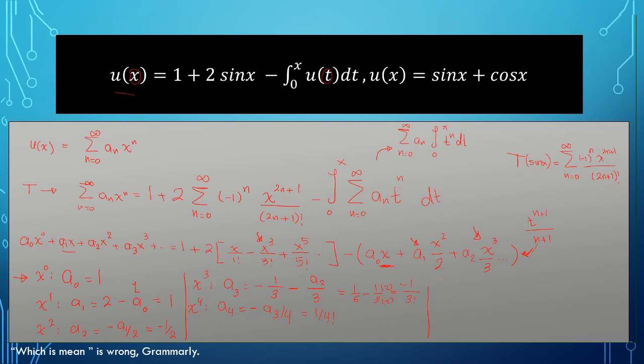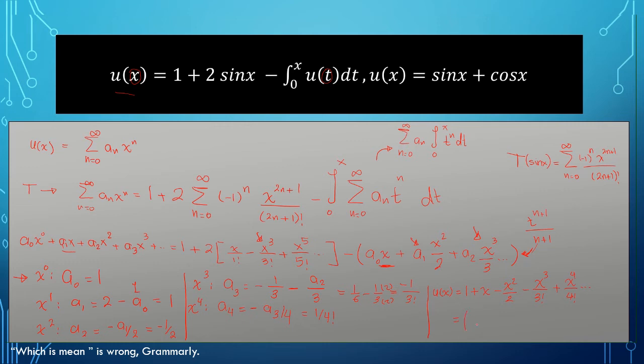Okay, let's do the substitution of these a's in the summation of u of x. We will have 1 plus 1 multiplied by x, which is x, minus half for x squared, and minus 1 over 3 factorial for x raised to 3, and for 1 over 4 factorial we have x raised to 4, and so on.